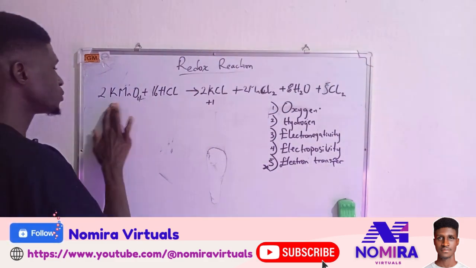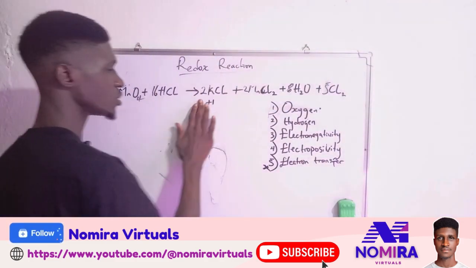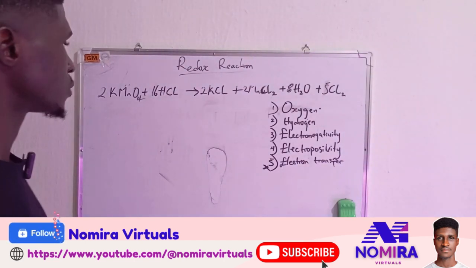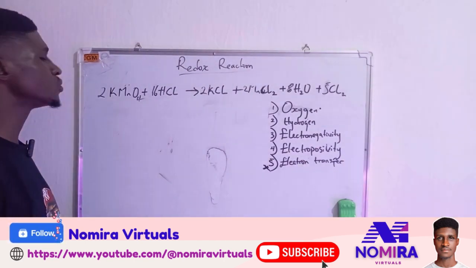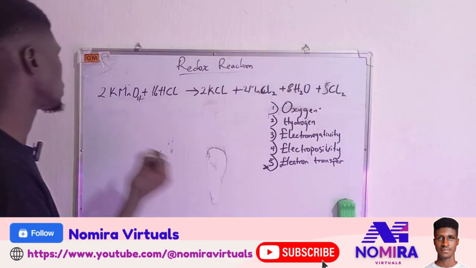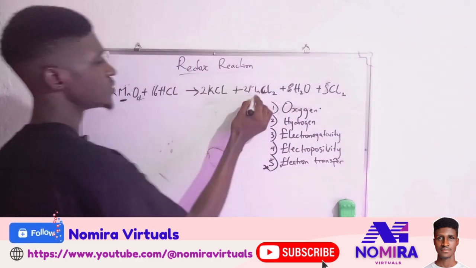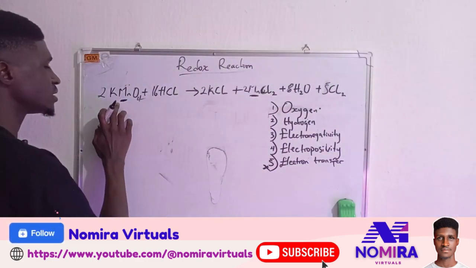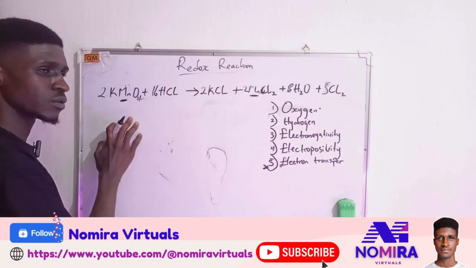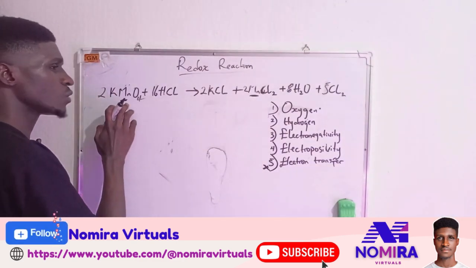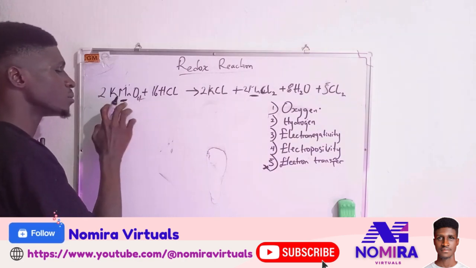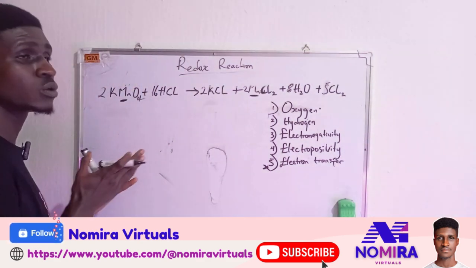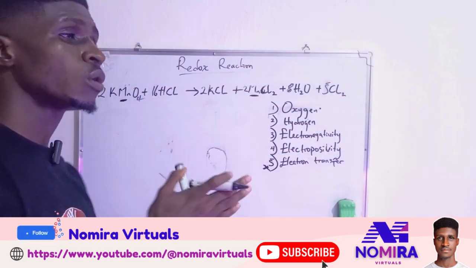Potassium is not oxidized, it is not reduced, it is just staying there as a reactant and also part of the product. So we are going to look at the second metal, which is manganese, to know whether this is the place we are going to see oxidation or reduction.